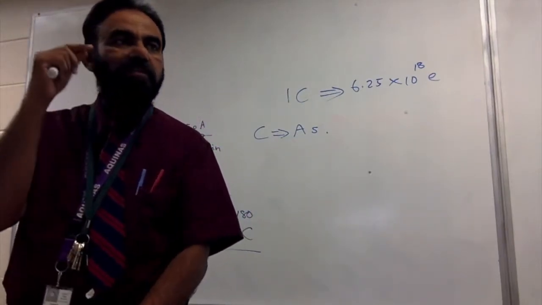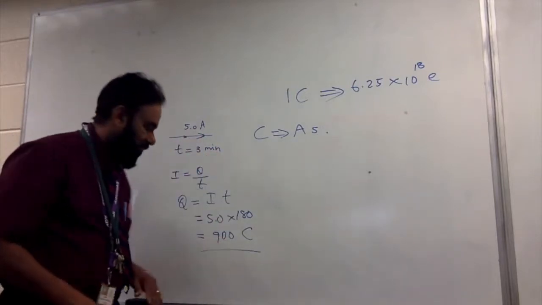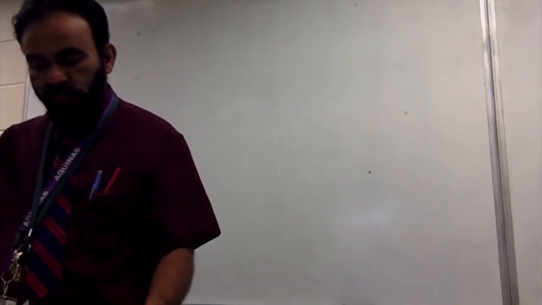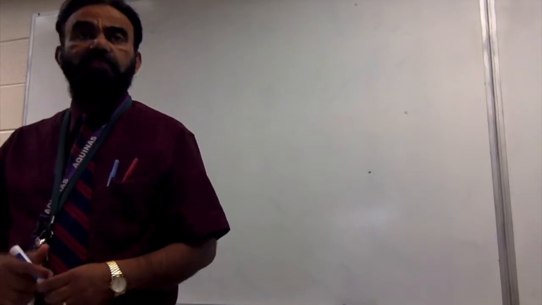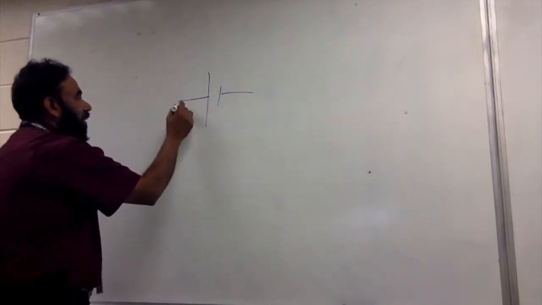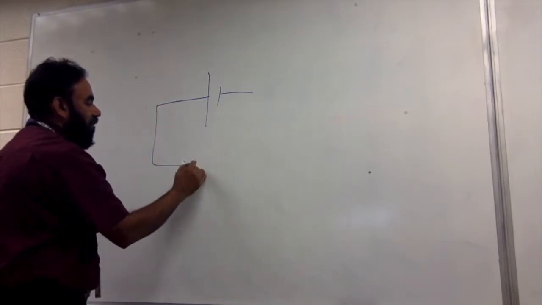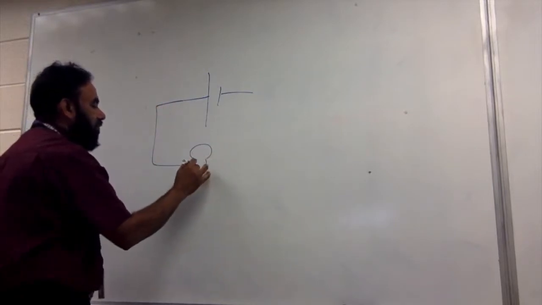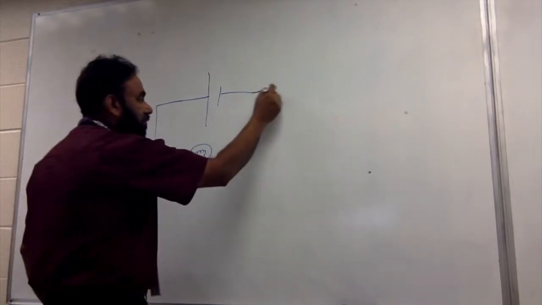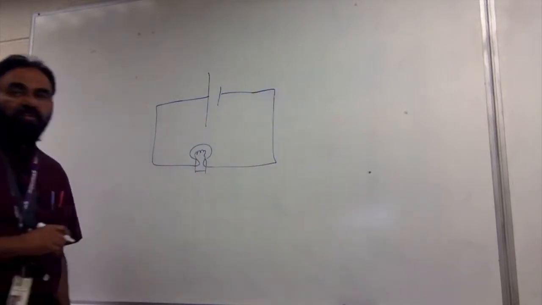Like cells, it has an EMF. Okay? A cell has an EMF. And then you should also know this, that a current flows. So when you have a cell and you connect it to a light bulb, which way are the electrons moving?